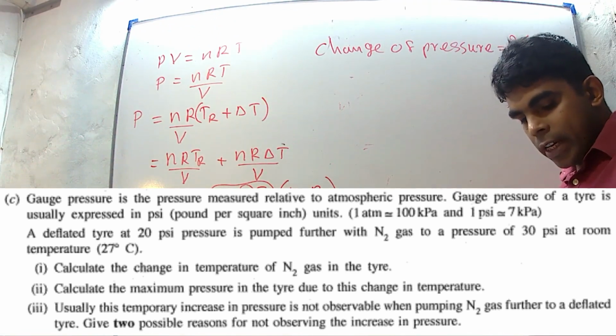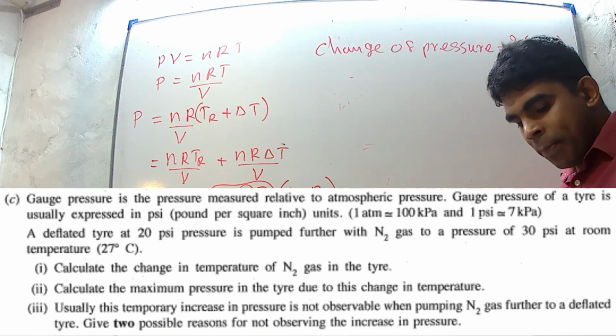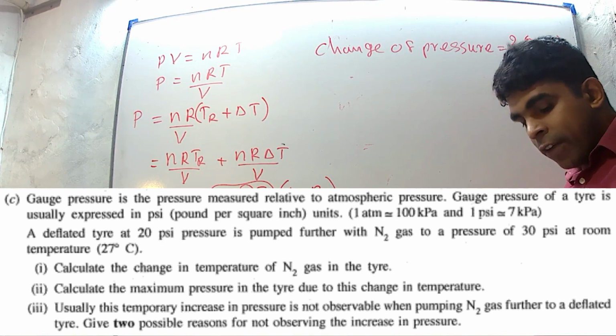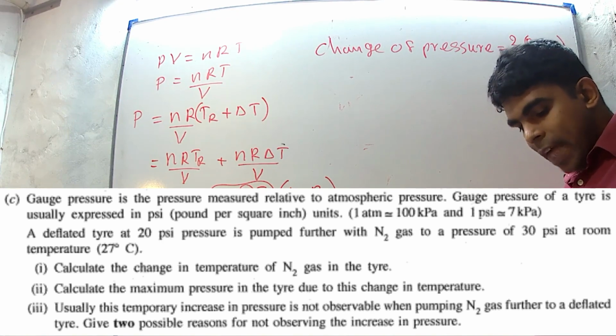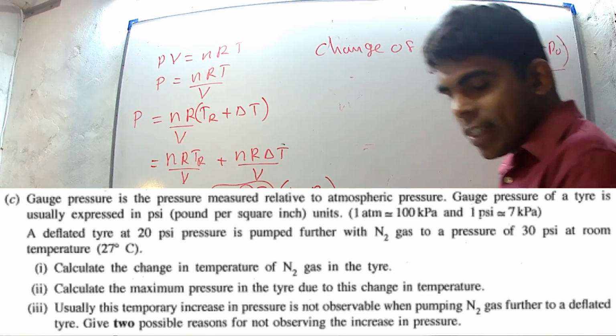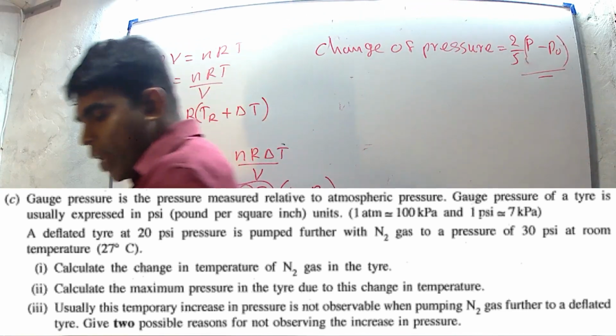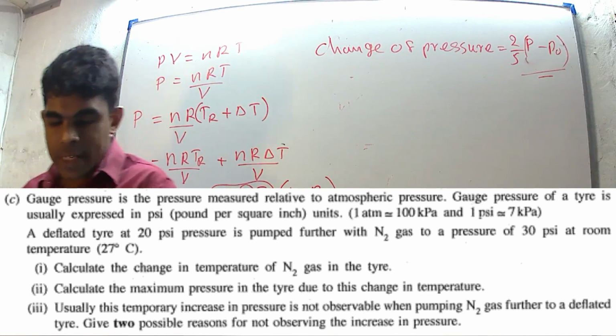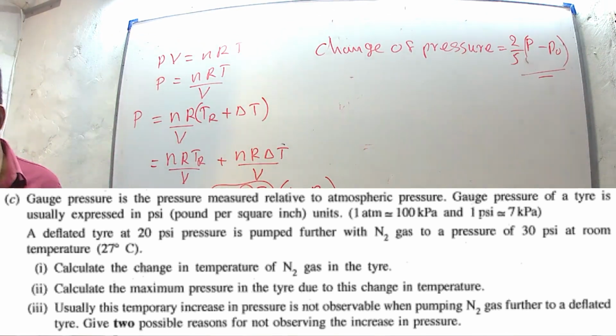A deflated tire at 20 PSI is pumped further with nitrogen gas to 30 PSI at room temperature, 27 degrees Celsius. Part 1, calculate the change in temperature of the nitrogen gas in the tire.